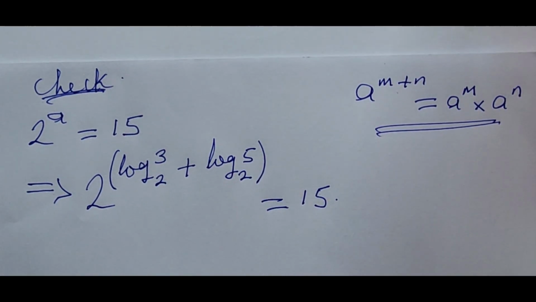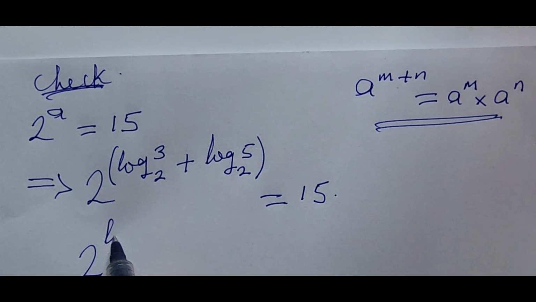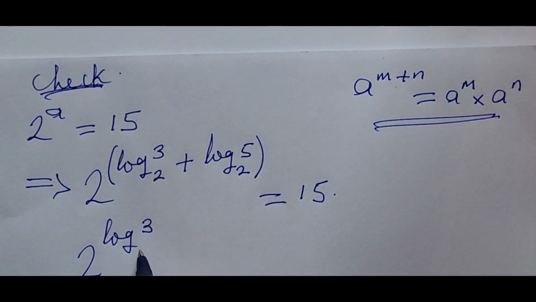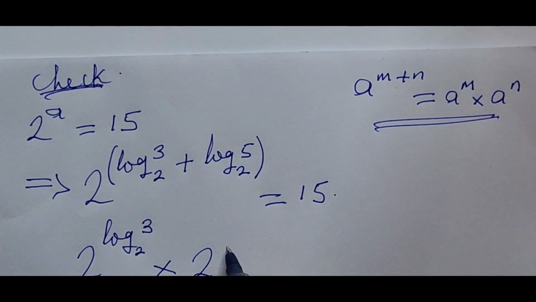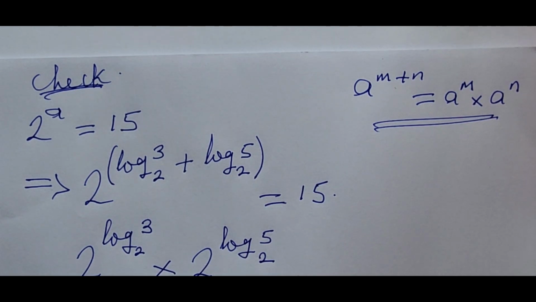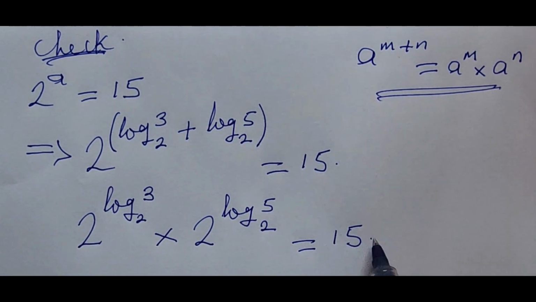It is simple. We can rewrite our expression here as 2 to the power of log 3 base 2, times 2 to the power of log 5 base 2, everything equal to 15.